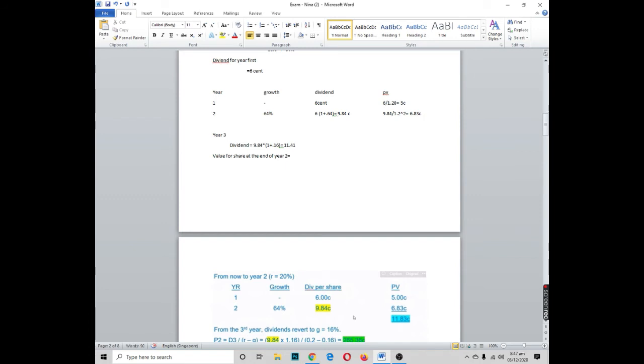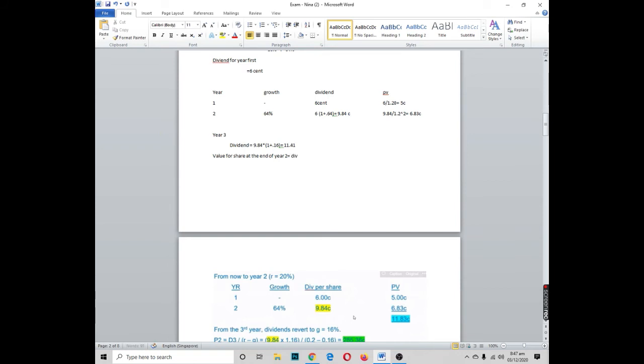Why do we write 2? When we apply the constant growth model formula for share price, it gives the answer 1 year back. So that's why I write 2 instead of 3.